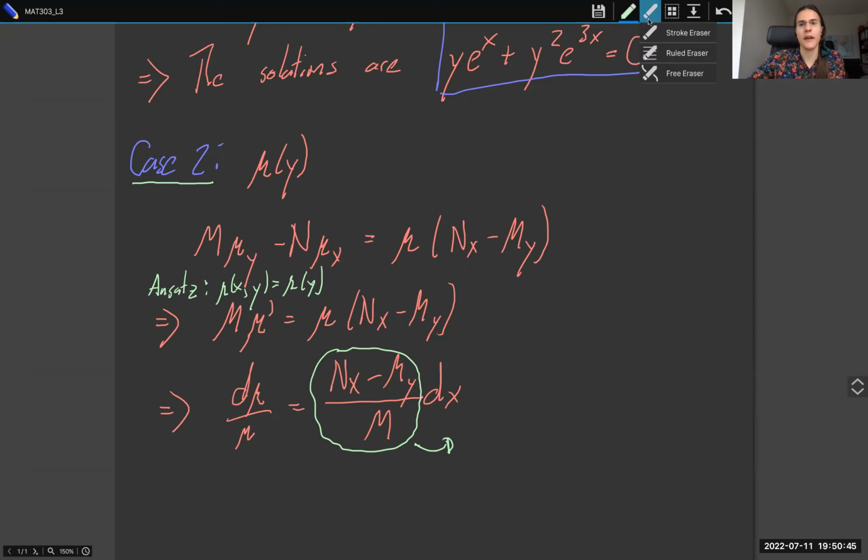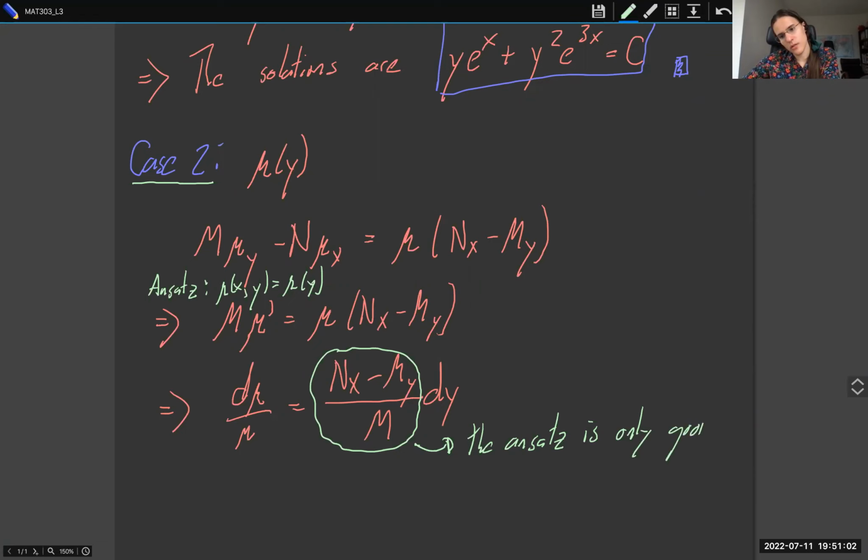This is with respect to y. So the ansatz is only good if nx minus my divided by m is equal to, let's say, some function f of y, right?